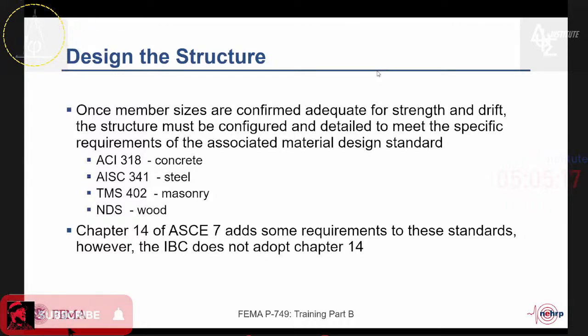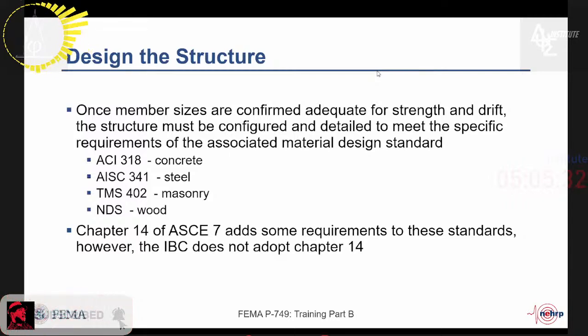In addition to the requirements of those standards, you should also look at Chapter 14 of ASCE 7. Chapter 14 contains additional detailing requirements for some structural systems.